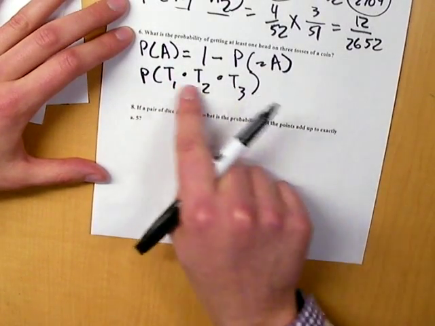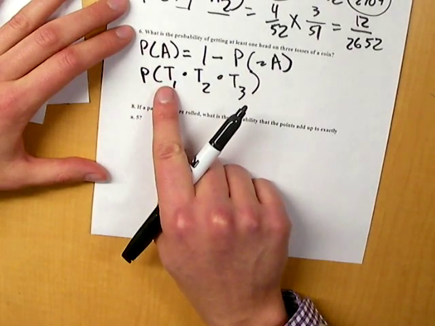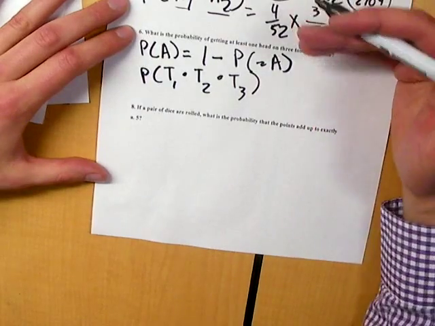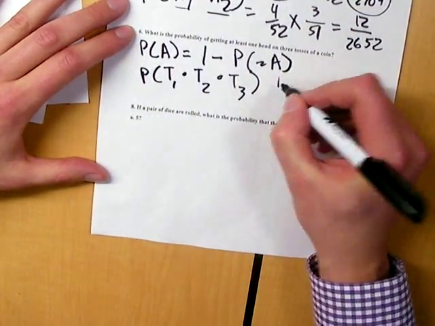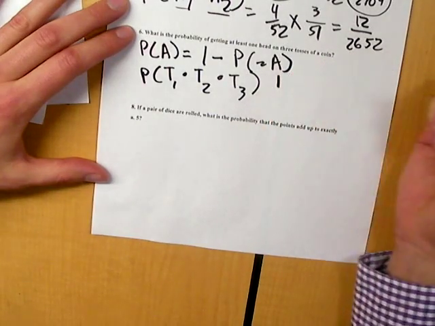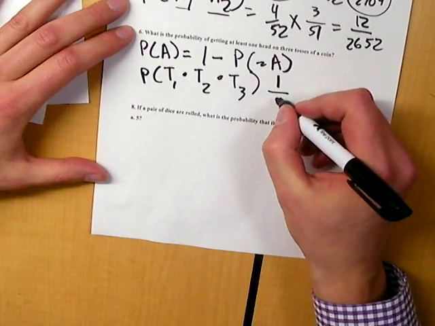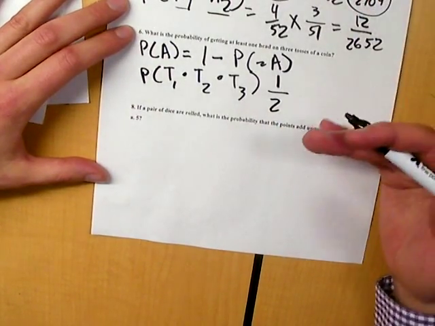So let's just break it down from here. On the first toss of a coin, what's the probability of getting tails? And here we can use the classical theory, favorable over total possible number. The number of favorable outcomes, where we actually get tails, would be 1. And it's a 2-sided coin, so the total number of possible outcomes would be 2. It's either tails or it's heads.